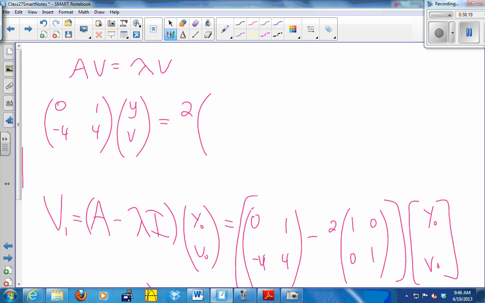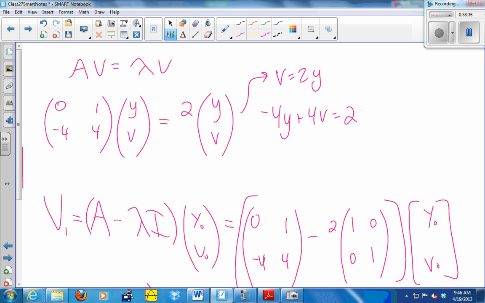I don't get why this works. Let's see what happens when I do this: I get v equals 2y and negative 4y plus 4v equals 2v. That was just the y part, right? Yes, that's one part of this problem.